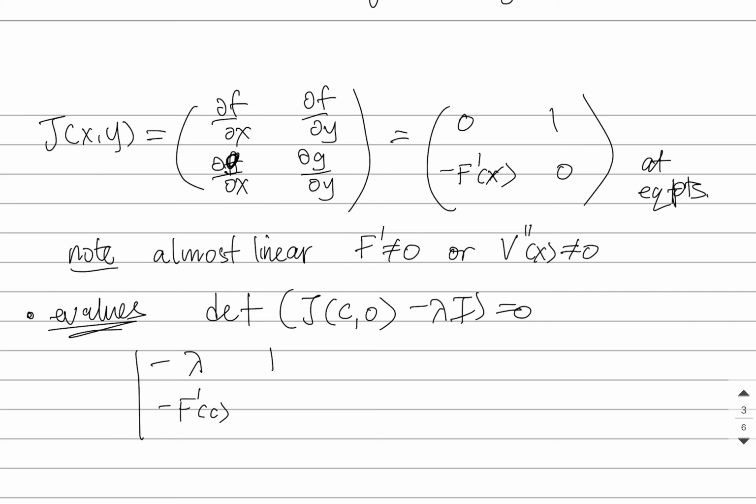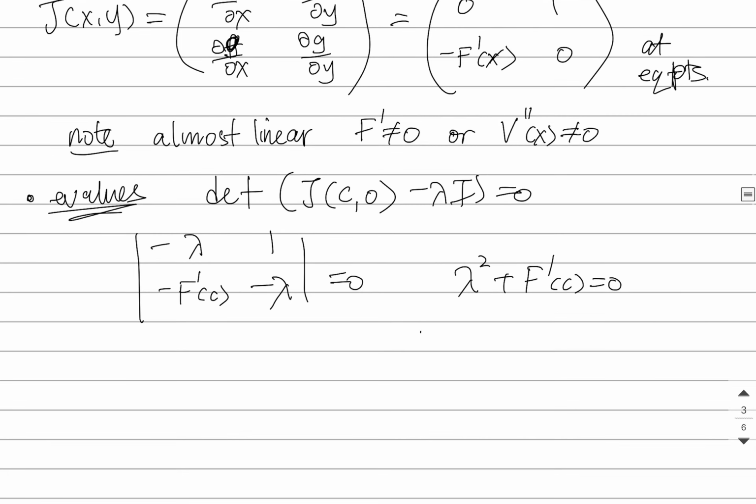And that's got to be 0. So we'll get lambda squared plus f prime of c is 0. And that's going to tell us that lambda is plus or minus the square root of negative f prime of c. Or another way of writing it would be negative V double prime of c.